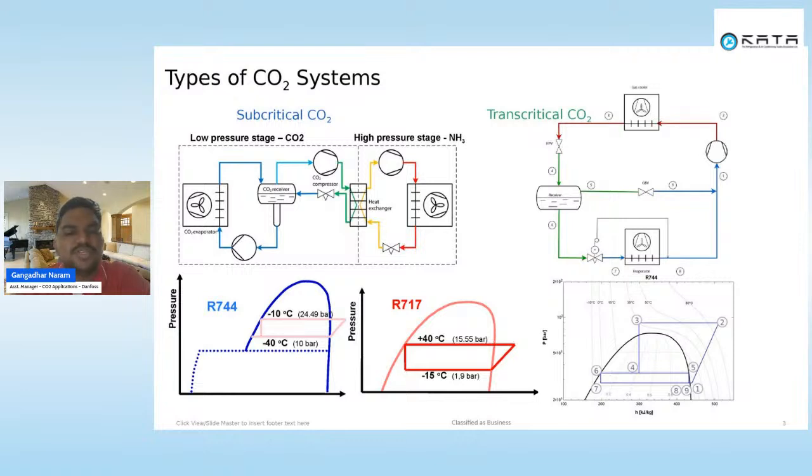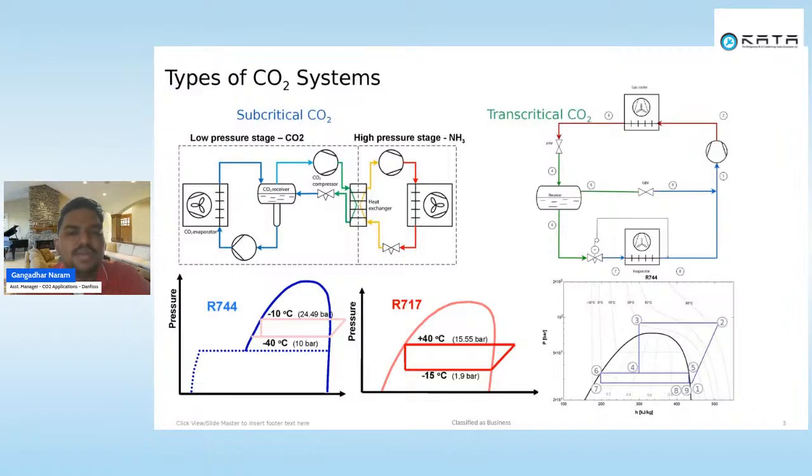So if you observe this cascade condenser, I want to operate my CO2 below the critical point, so I need to condense below 31 degrees centigrade. In industry, whenever I want to maintain my CO2 evaporator at minus 40 degrees centigrade, the CO2 condensing temperature will in general be minus 10 degrees centigrade.